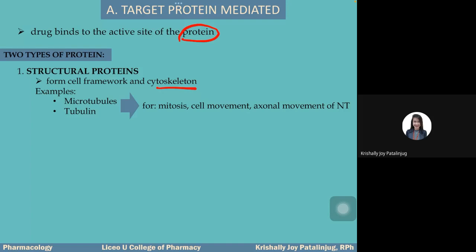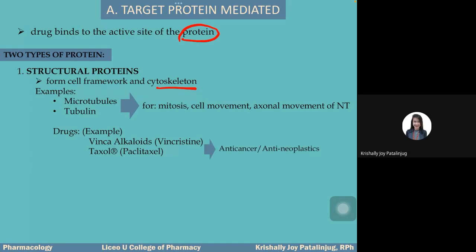All right. Now we have drugs available in the market that could target these structural proteins. Good examples are the anti-neoplastics or the anti-cancer agents, vinca alkaloids, and the paclitaxel under the brand name Taxol.